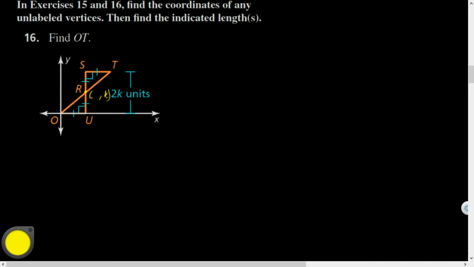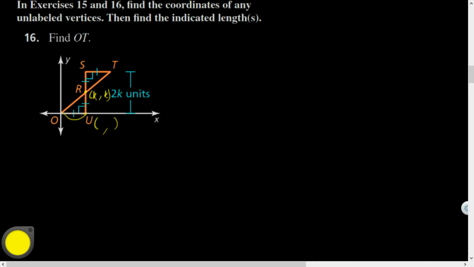What do I know about the x-coordinate? If this is K units, and it's congruent to this, then this is K units. So it's going to be K, K. Let's see, where does U live?